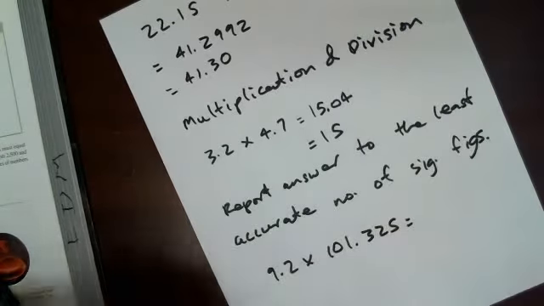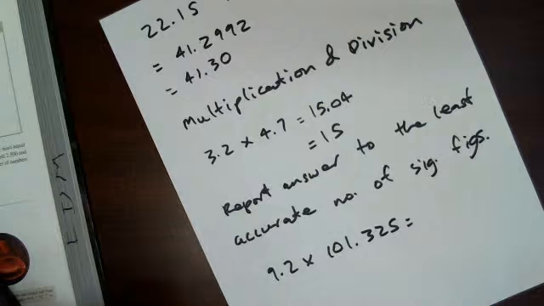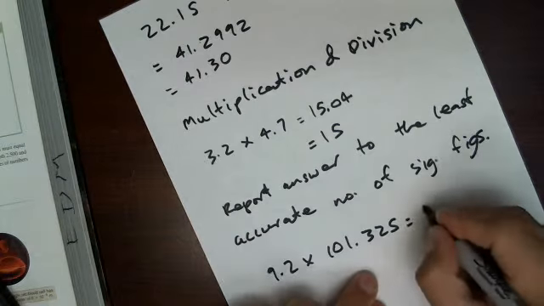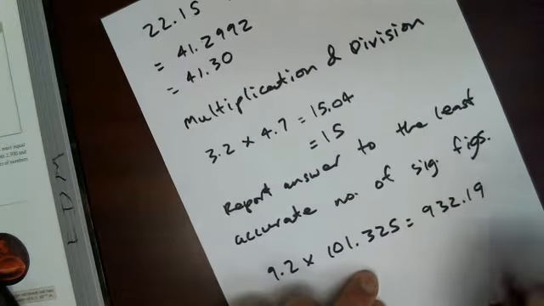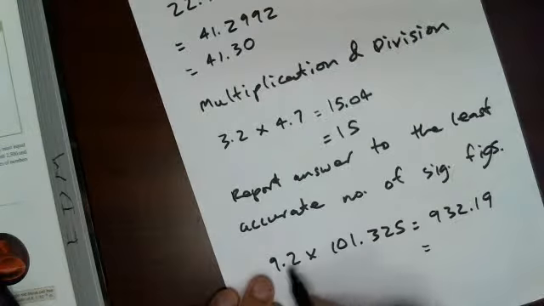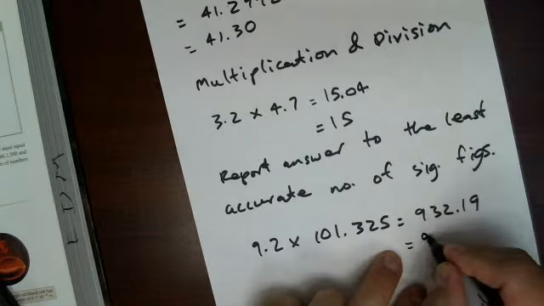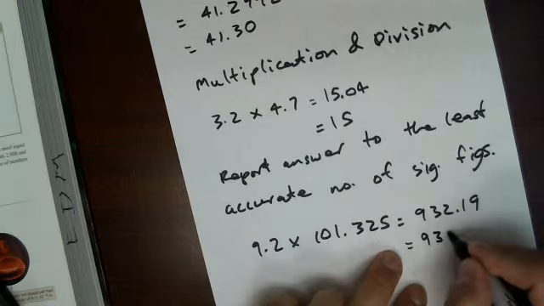101.325, that would be 932.19, but we would report that to 2 sig figs. Okay, so that would actually be 930.